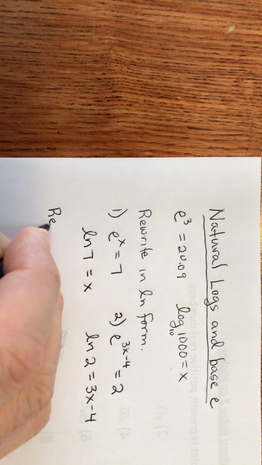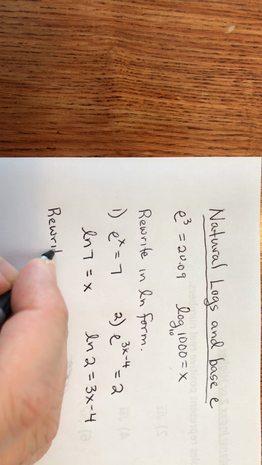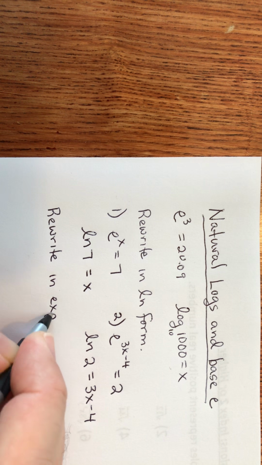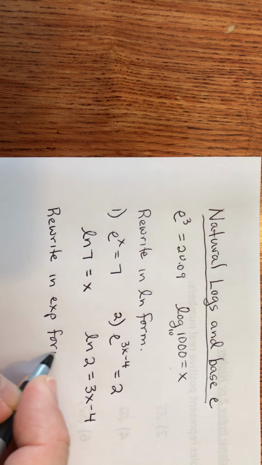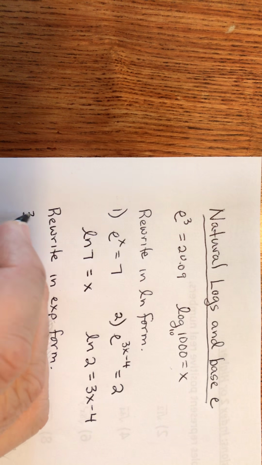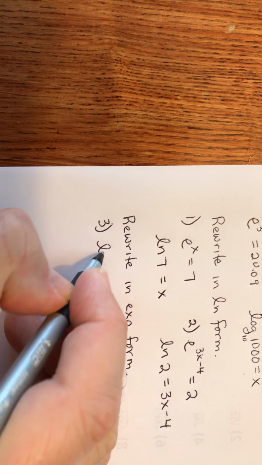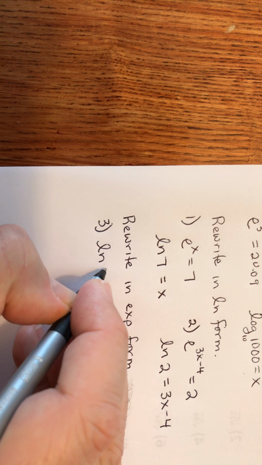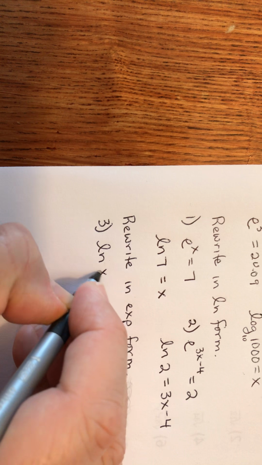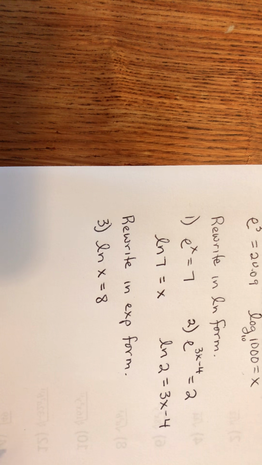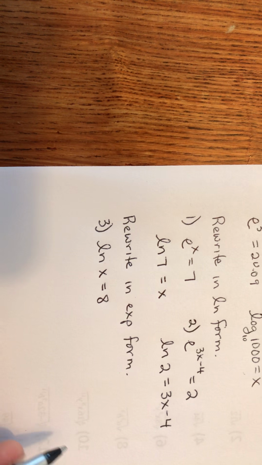In the other type, we want to rewrite from natural log to exponential. So I'm going to write in exponential form. Problem number 3 would be like this: natural log of x equals 8. Notice there's no base there because it's understood to be a base of e.